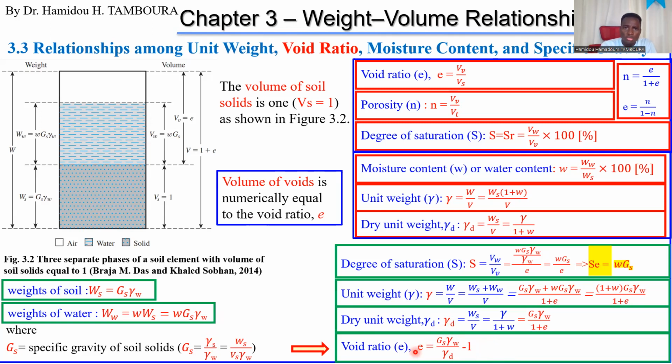Okay, so just one thing, a very good remark. Everything we have established here, as you can see, the green ones are the new relationships we have established. In all of them, the key we have is this e, the void ratio. You have e here, e here, e here, and e here.